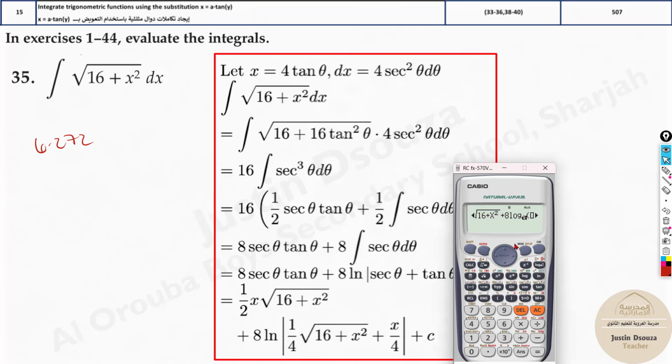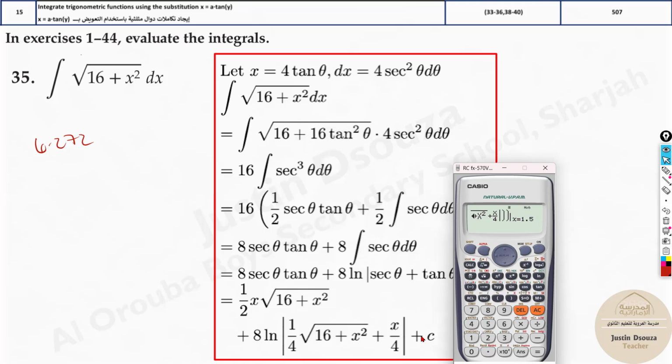Alpha log base e is the option which you need to use, not natural logarithm. Now here, if you want absolute value, just press shift and HYP, you get the absolute value. 1/4, what is it? Square root of 16 plus x squared, that is alpha x squared. And then this is still within the absolute value itself, plus x divided by 4. And now you need to calculate this at 1.5.